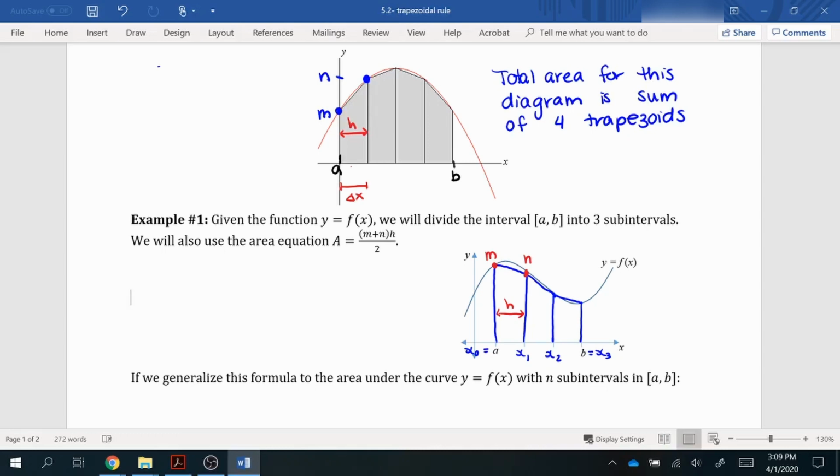So the area of the first trapezoid is going to equal (m plus n) over 2 times h. M here is f of x0, the height at x0. N is the height at x1. And h here is delta x.